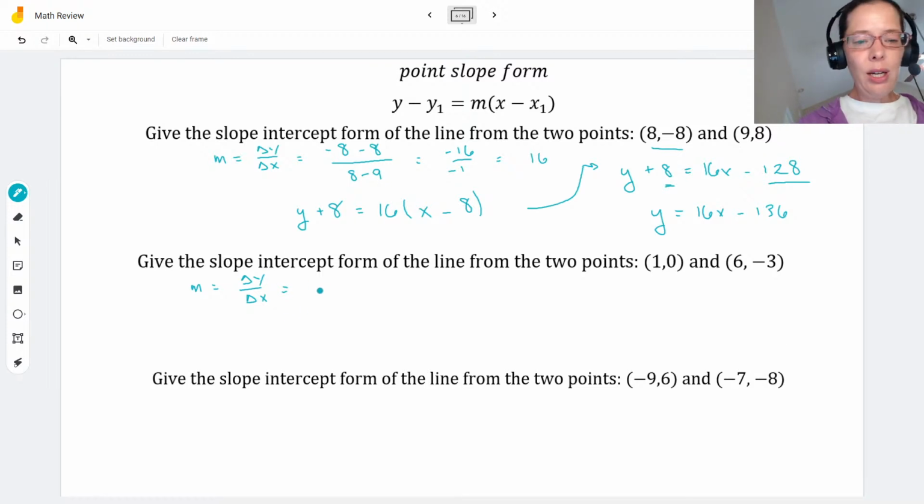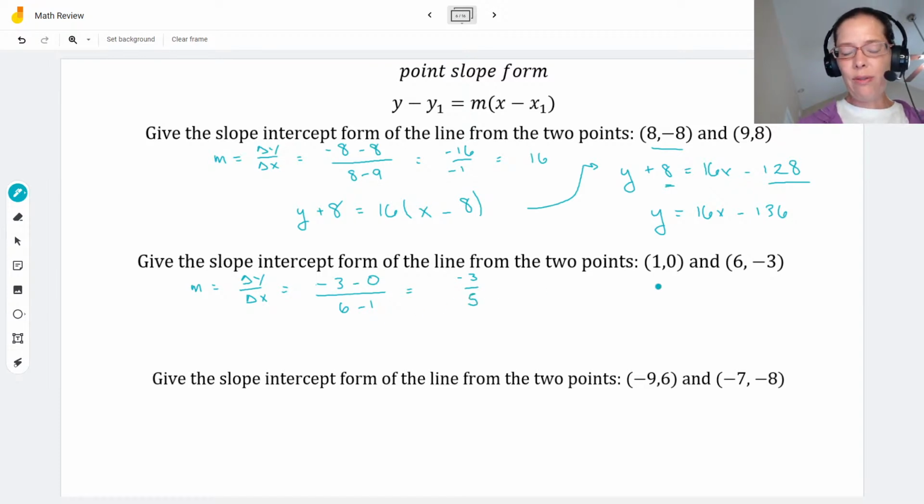So let's go -3 minus 0, over 6 minus 1. So that's going to be -3 over +5. Okay, so that's just -3/5. Maybe I'll rewrite it with the negative out front.